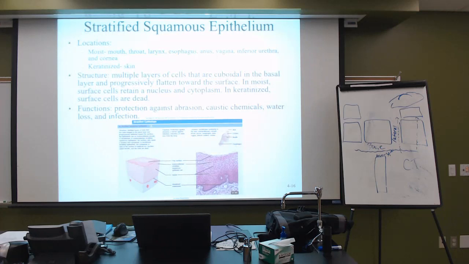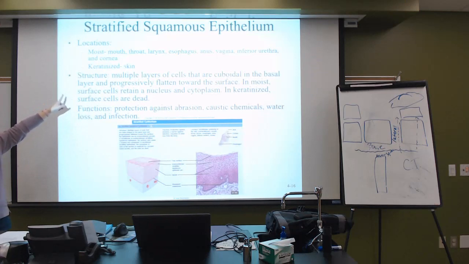If it is keratinized, meaning that those two or more layers have now died off and are full of keratin, this happens in the skin. The keratinized is the skin. That structure, multiple layers that are cuboidal in the basal layer, but flatten towards the surface.